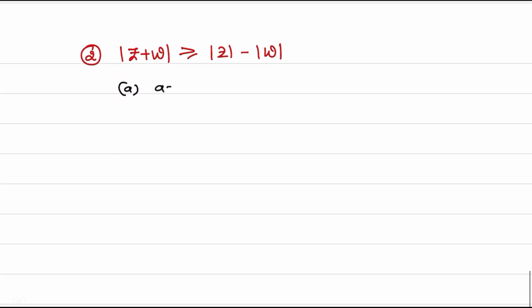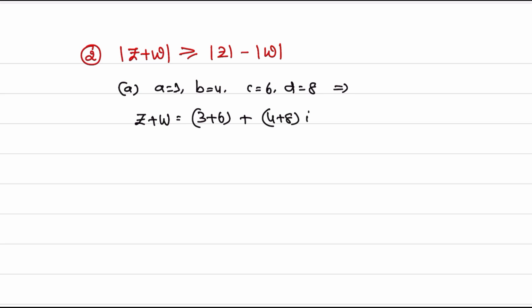A is equal to 3, B is equal to 4, C is equal to 6, D is equal to 8. That means Z plus W is nothing but 3 plus 6 plus 4 plus 8 I, because Z is equal to 3 plus 4I, W is equal to 6 plus 8I.